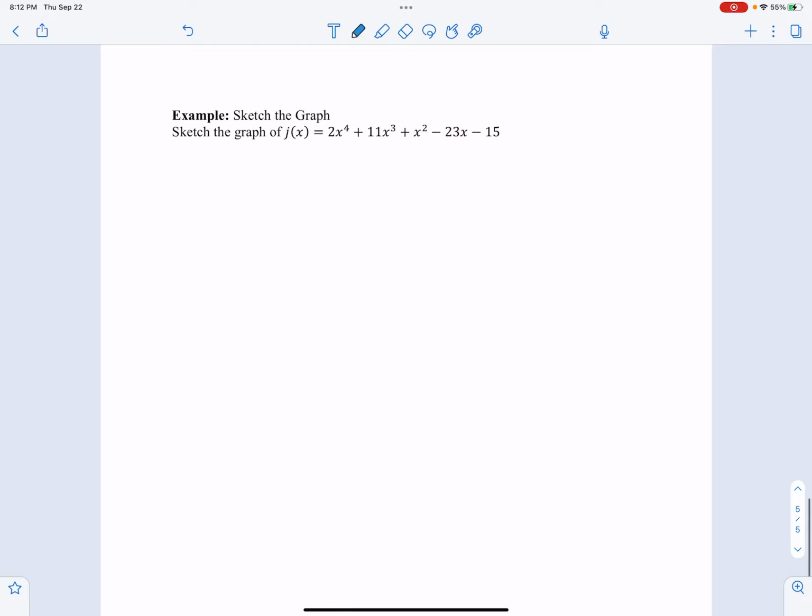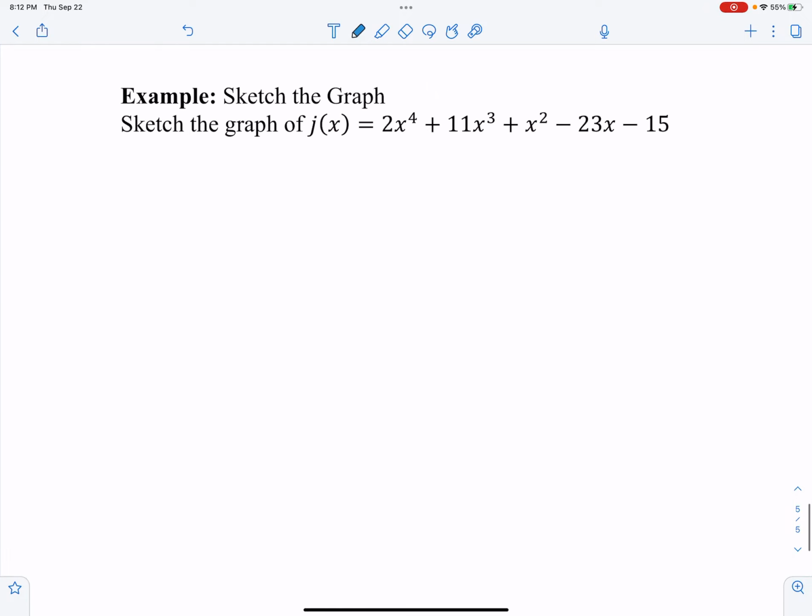Okay, so first let's think possible rational zeros. Ooh, this is going to be kind of a long list. Plus or minus factors of 15: 1, 3, 5, 15, and then for 2, 1 and 2.